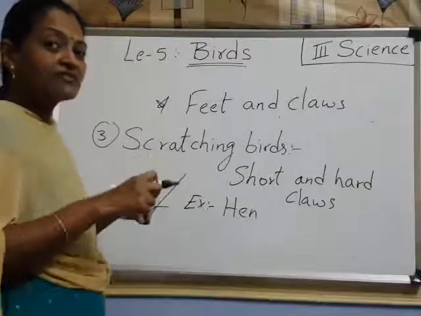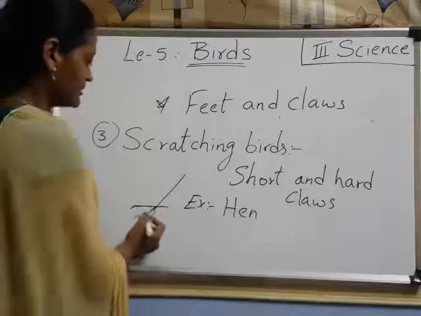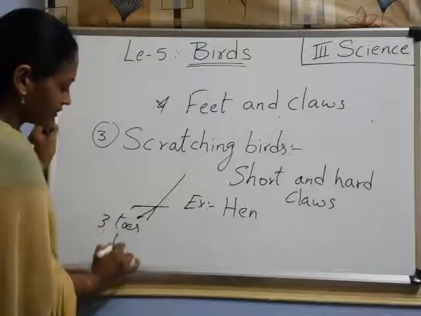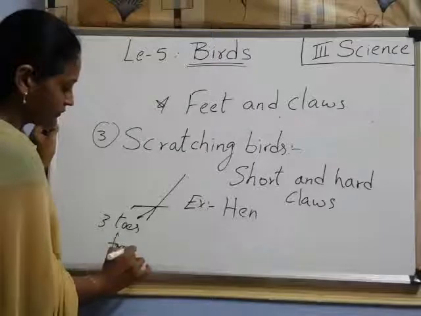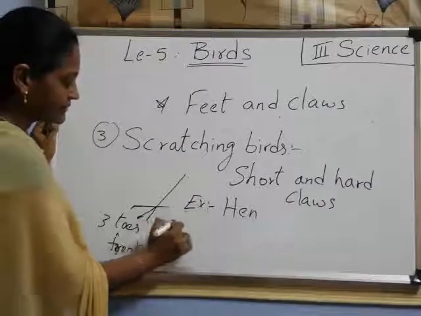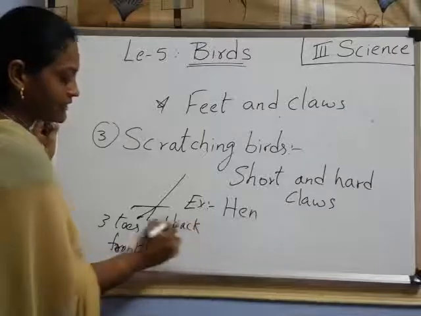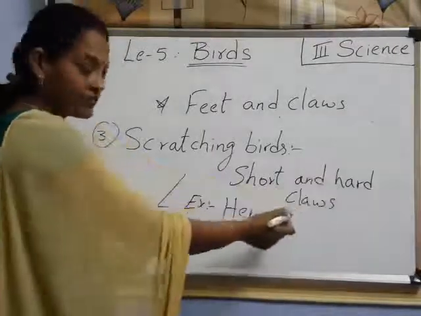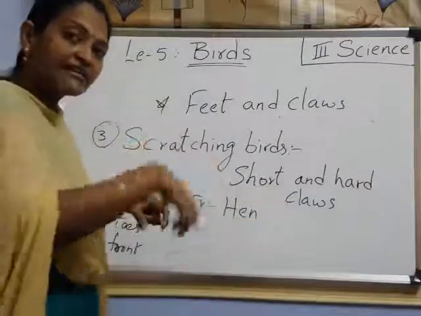The hen is digging the ground to find small insects in the ground. It catches its food with these 3 toes at the front and one toe at the back. These have short and hard claws, which are used for digging the ground.